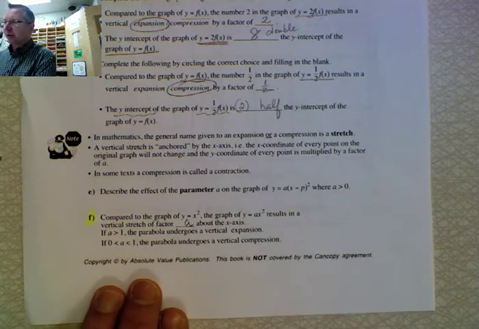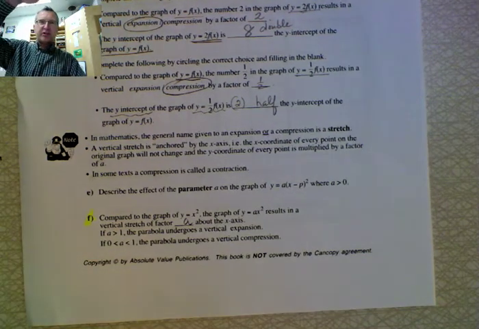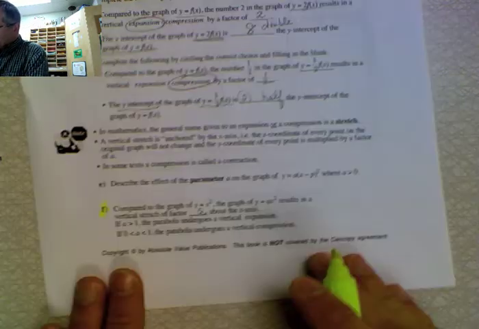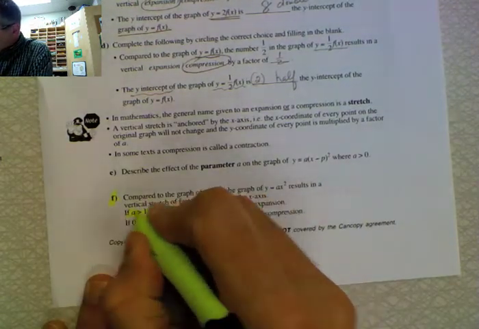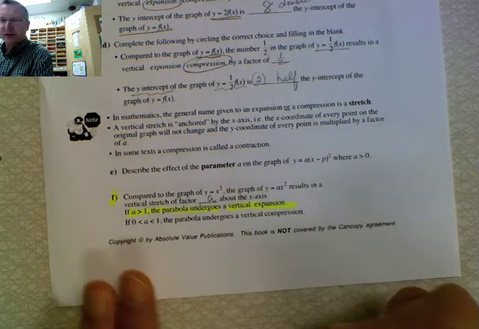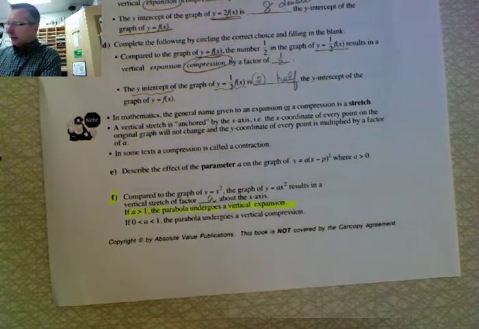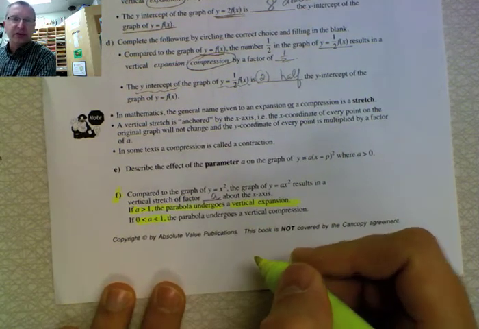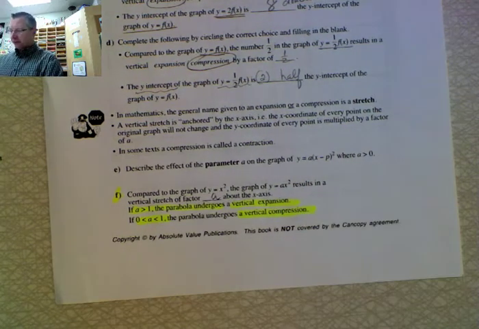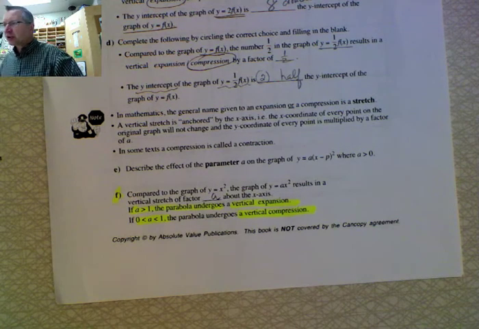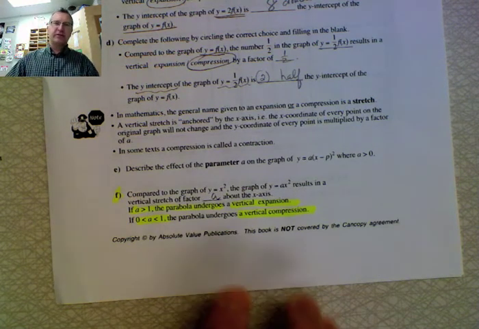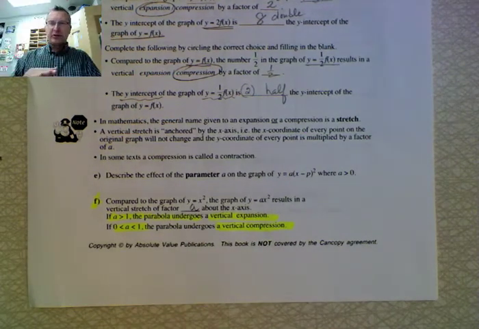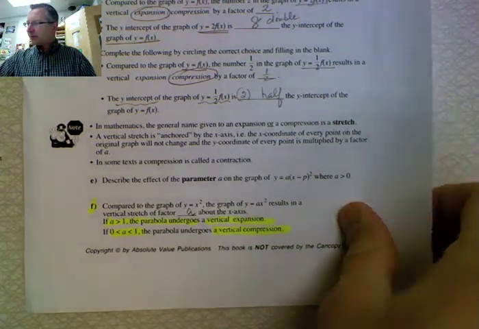That value we multiplied by either stretches it upward or compresses it down, and we call those stretches. If that a value is greater than 1, then we have a vertical expansion. Our graph gets bigger. If our a value is between 0 and 1, meaning it's a fraction or a decimal, then we have a vertical compression. So you should be able to look at the equation of a quadratic function and decide, is it going to be expanded or is it going to be compressed?